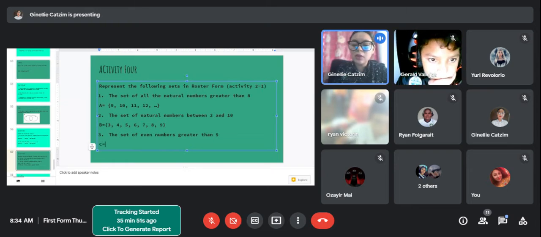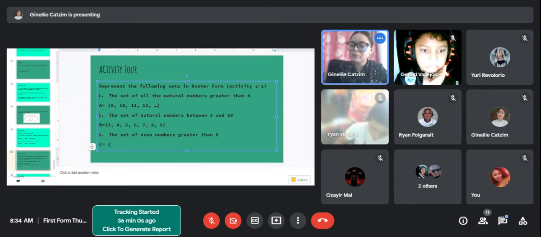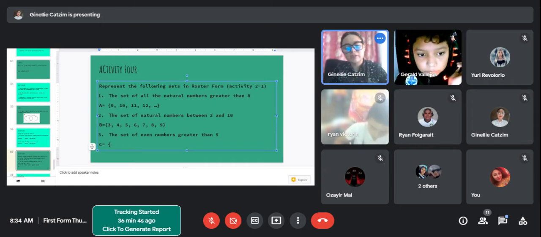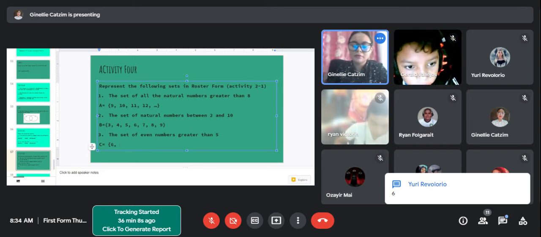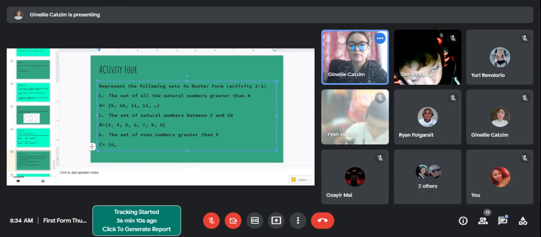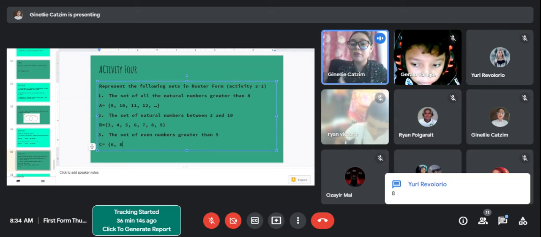So the last one we have is the set of even numbers greater than 5. What will be the first number here? 6. 6, very good, because it's even, right? Then we have 8, because we're talking about even numbers.